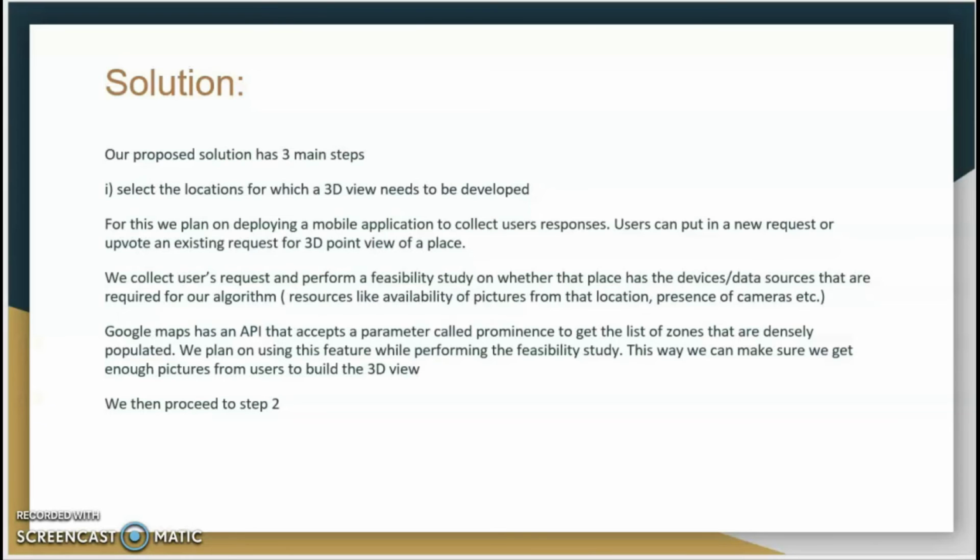Then we do a feasibility study on that particular location to check whether the place has devices or data sources that are required for our algorithm. There is a Google Maps API that accepts a parameter called prominence. This way we can make sure we get enough pictures from the users to actually build a good 3D view.